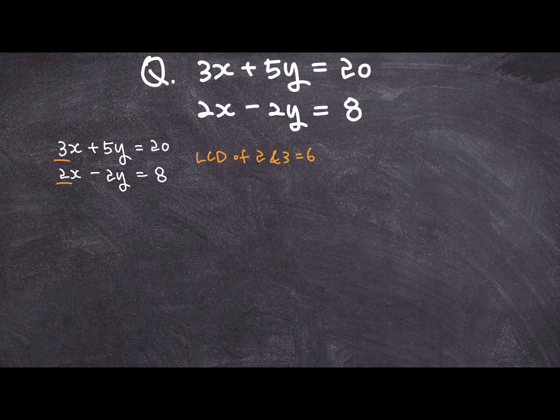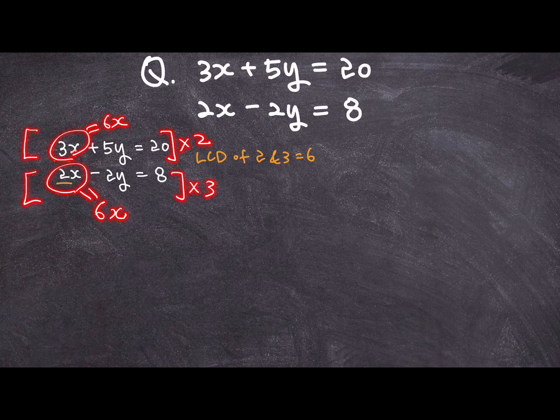So what I'm going to do is make 3x equal to 6x and 2x equal to 6x. And I am going to do that by multiplying 2 to the first equation and multiplying 3 to the second equation. Okay, let's go ahead and do that.